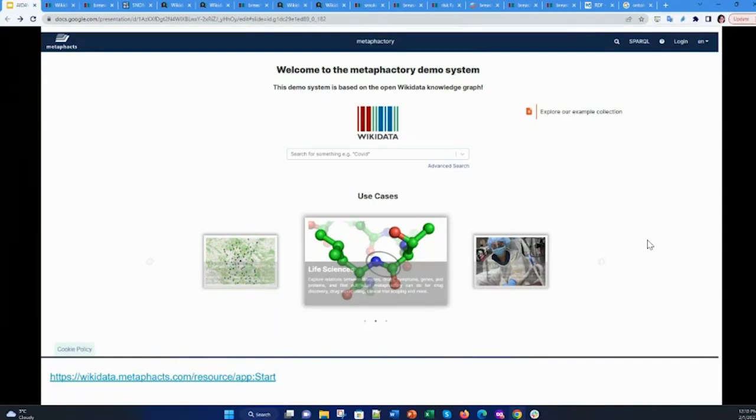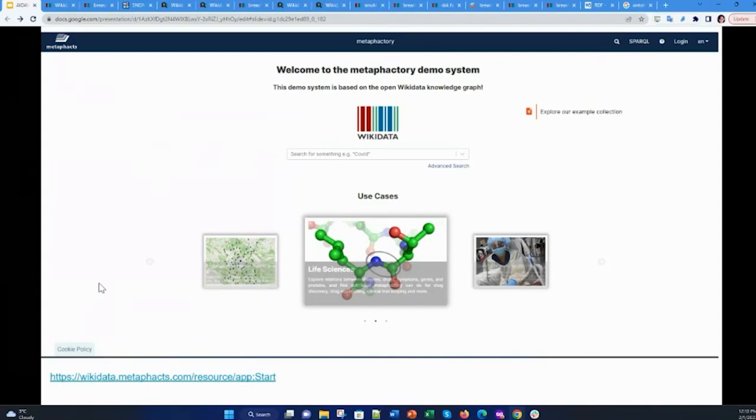I will now present the Wikidata information using the MetaFacts studio. MetaFacts are our company partner, and we are using this MetaFactory tool to present different knowledge graphs visually.